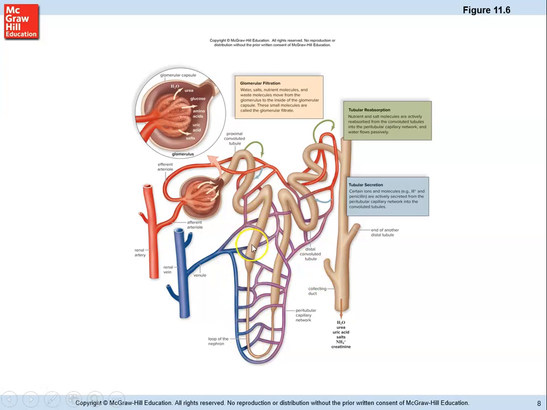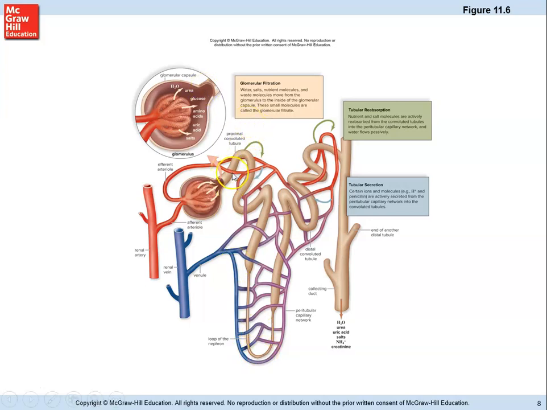And as that water and other non-reabsorbed stuff goes down this descending part of the nephron loop, that part of the loop removes water. So as we're going down, the urine is becoming more and more concentrated, and by the time we get to the bottom of the nephron loop, that urine is probably as concentrated as it can possibly be.